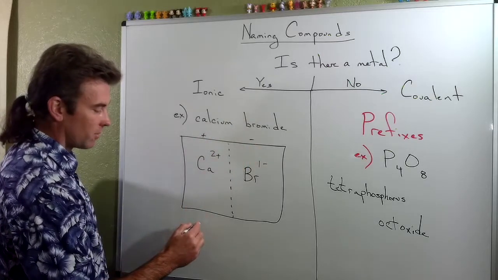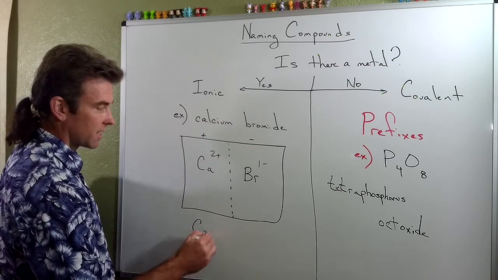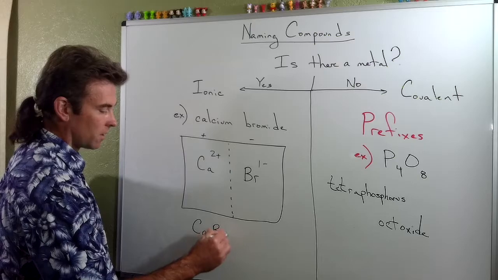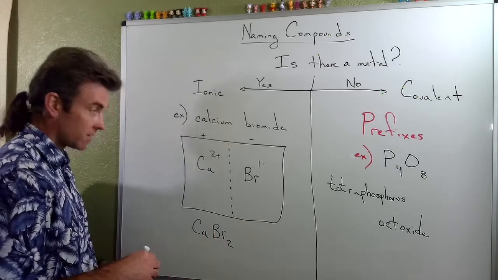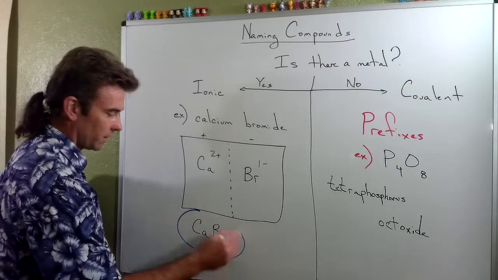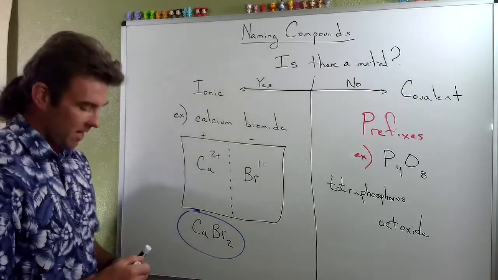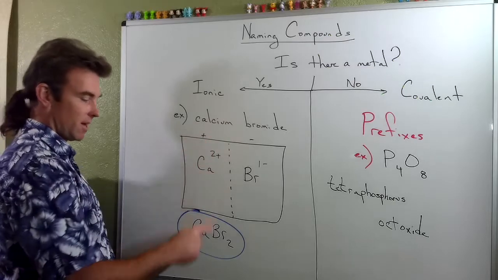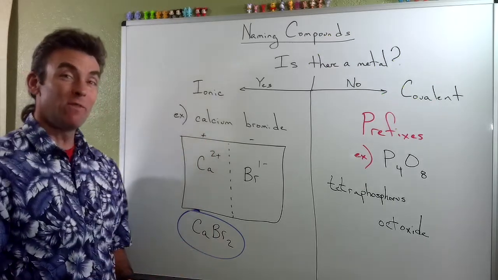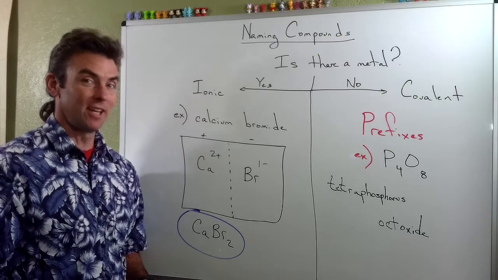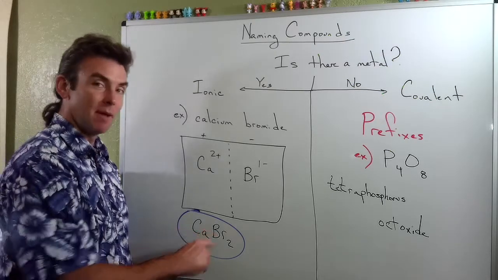What is calcium bromide? Well, it's calcium with 2 bromides. Let's circle that in blue, right? So there is me taking the name and turning it into a formula. And you'll notice very clearly, I did not say calcium dibromide, right?